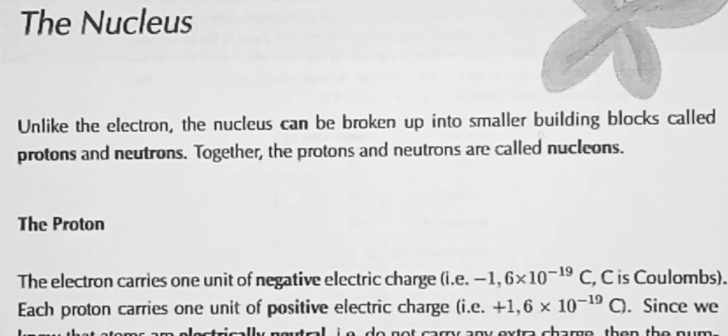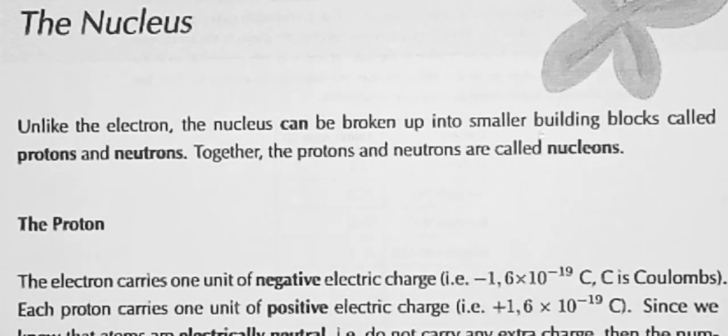The nucleus is very different from the electrons because it can be broken down into smaller building blocks called the protons and the neutrons.